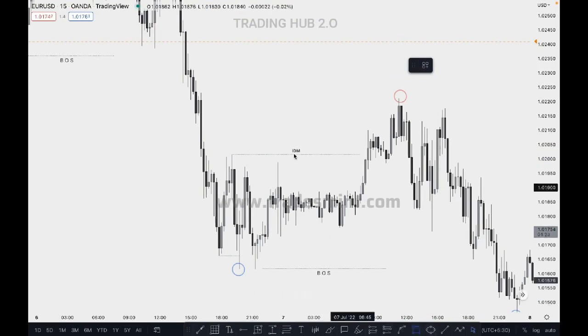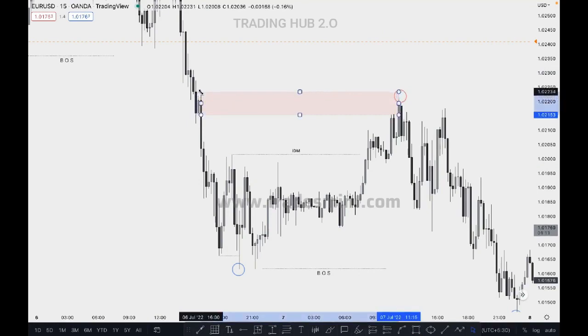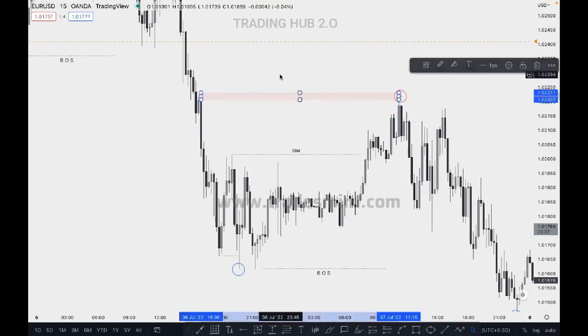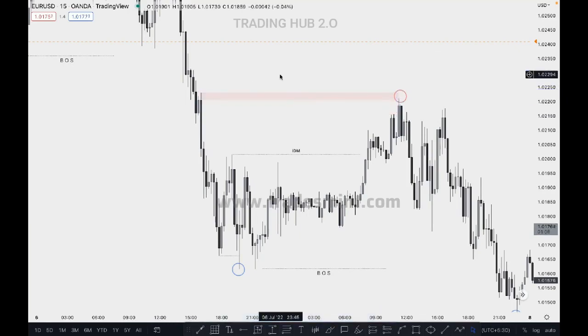Some people do the wrong thing here: they mark the order block like this, correct, but this is not the correct order block. The correct order block is here, the complete big candle. If you refine it, this is our actual order block, our actual supply zone. Why?